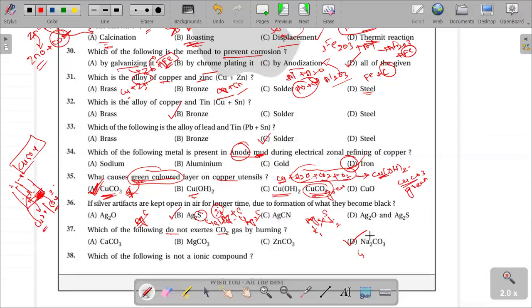Sodium carbonate, this is washing soda. Baking soda means NaHCO3. If you heat NaHCO3, you will get this product, Na2CO3. After getting Na2CO3, you add 10 water molecules, 10 H2O, then you will get Na2CO3·10H2O.